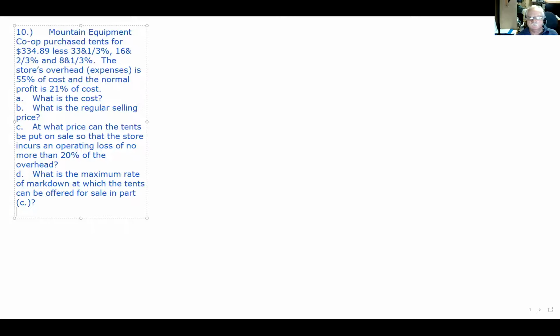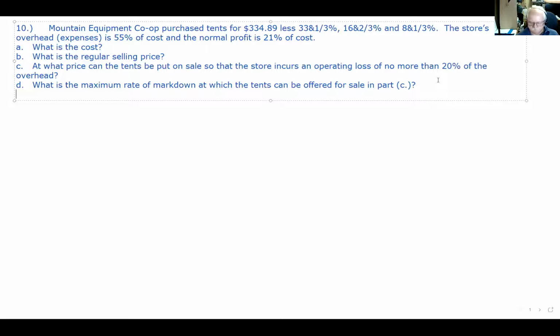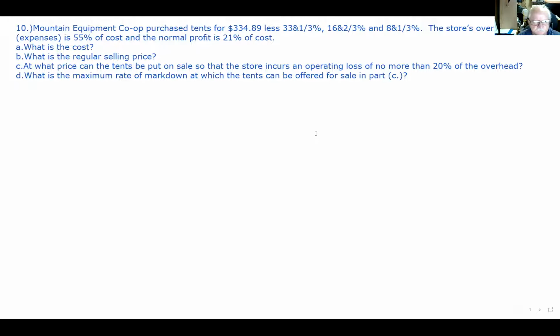So what else have they done to us? Something to do with the Mountain Equipment Co-op. The Mountain Equipment Co-op purchased tents for $334.89 less these three ridiculous discounts.